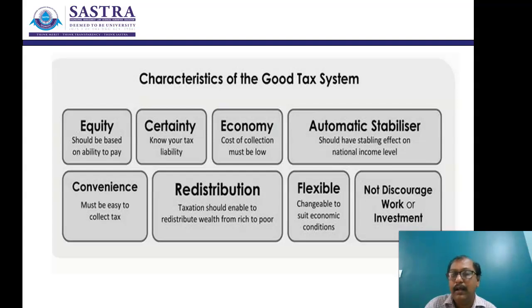People who have reasonable income should pay less. And people who have no income need not pay income tax at all. With that redistribution, they take a lot of money from the rich people and give it to the poor people for their basic infrastructure. So that should be the characteristic of a good tax system.